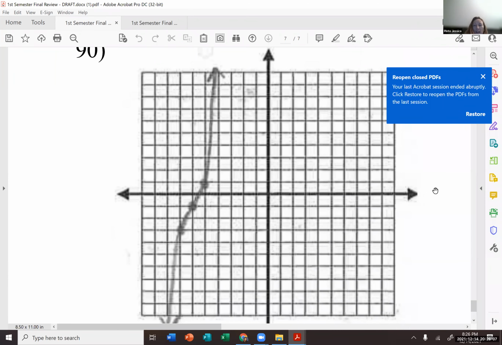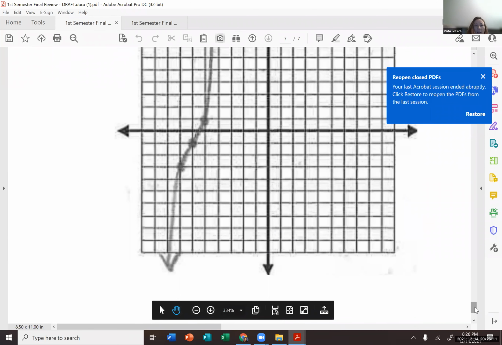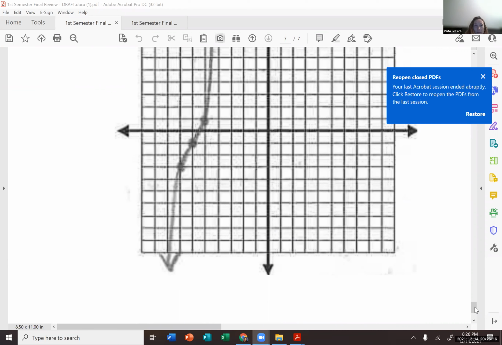So I see in HK form, the cubic function, the HK is that inflection point. Wherever it is, we find it, it's the turning point for this function.